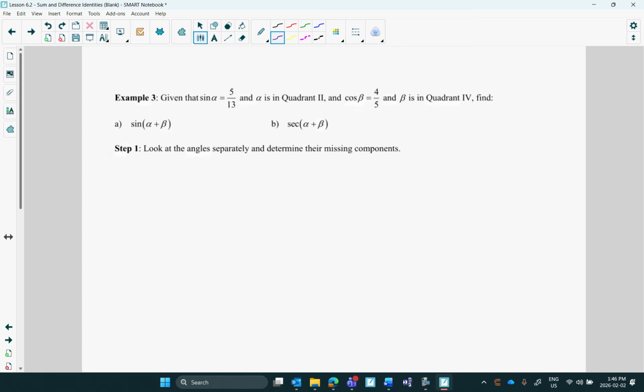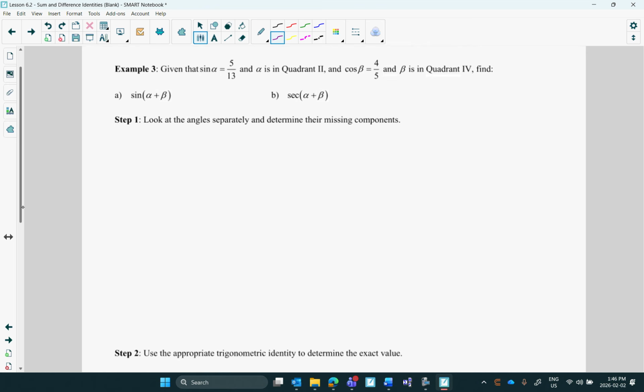Last type of question. You guys remember what I told you to do whenever you see a question that tells you about the quadrants? When I see a question that gives me some trig ratios and quadrants, I'm thinking I need to draw some triangles on a coordinate grid.